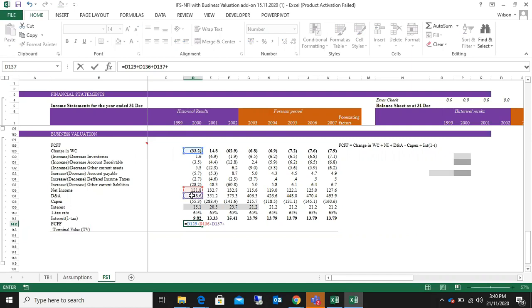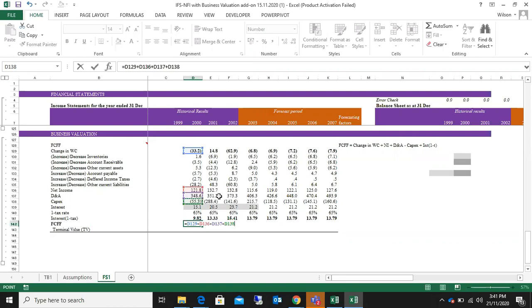Now plus capex. I think capex here plus capex here, because capex is already an outflow. So we cannot say minus capex again, otherwise it will become an inflow. So that is what it means. It's an outflow here.